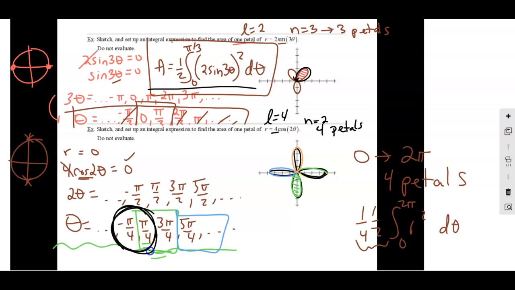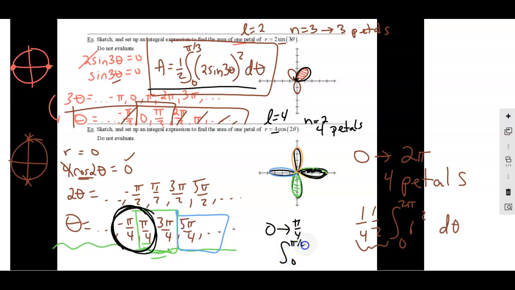I could do the integral from this to this. Really, it doesn't matter because of symmetry. Even if I just did 0 to pi over 4, that would only be half of a petal. But if I did 0 to pi over 4, then I could just double it, right?